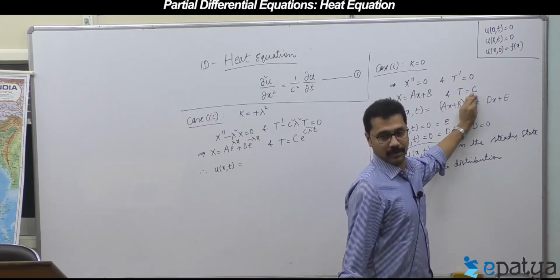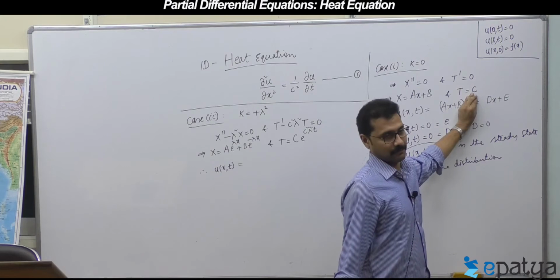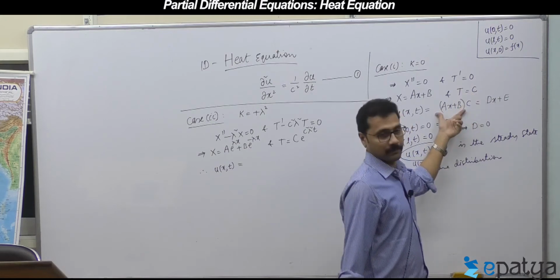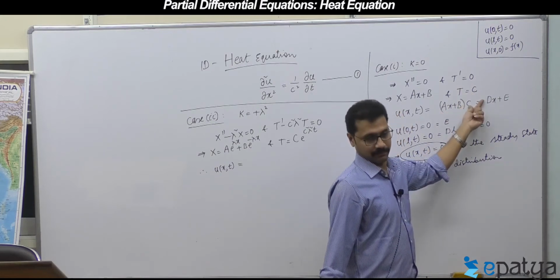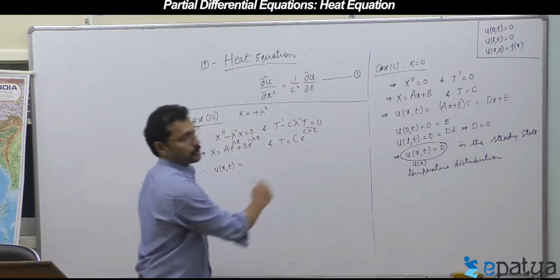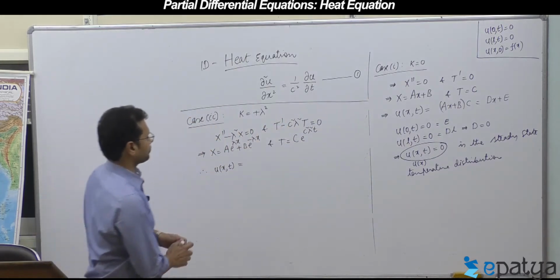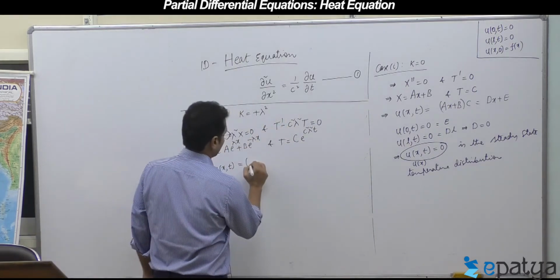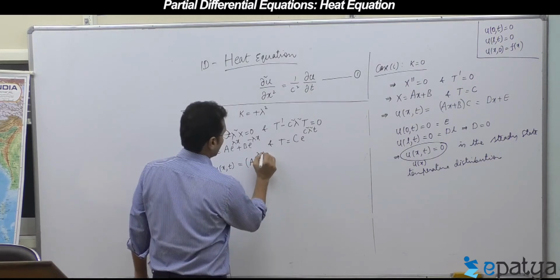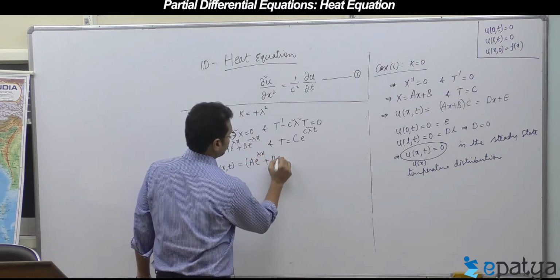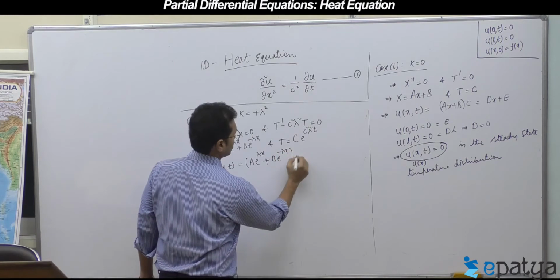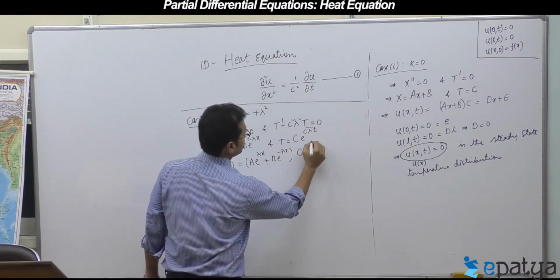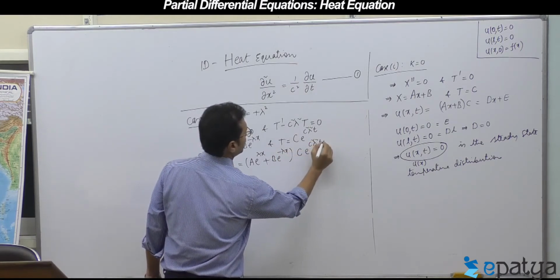When I apply two boundary conditions, this is nowhere related actually. It's just related to this expression only, not to this expression. Okay, which in fact gives us u s in that case. Anyway, this is nothing but A e power lambda x plus B e power minus lambda x into C e power c square lambda square t.